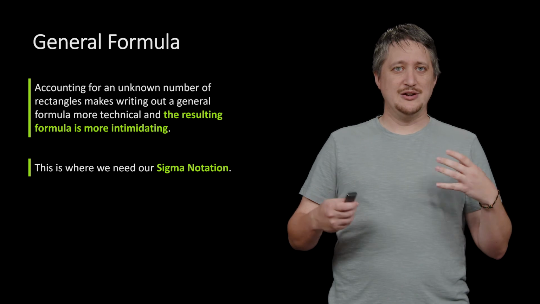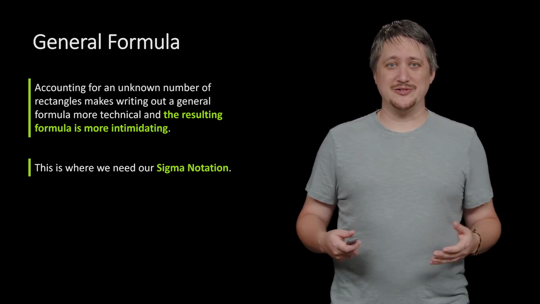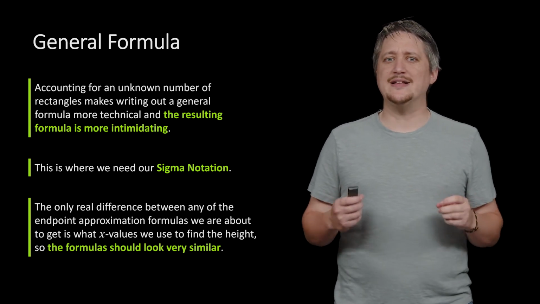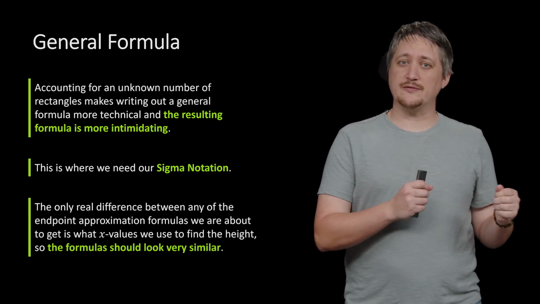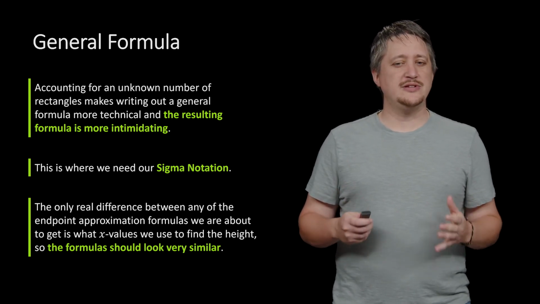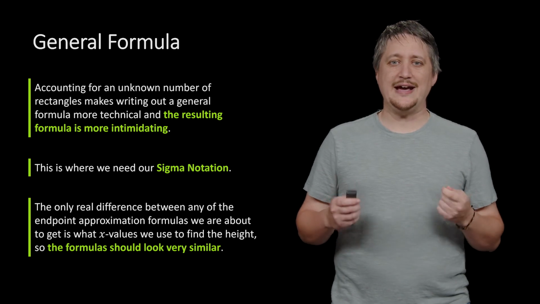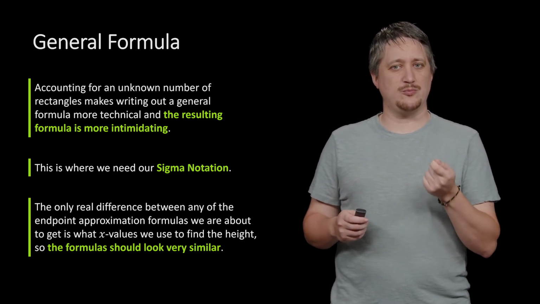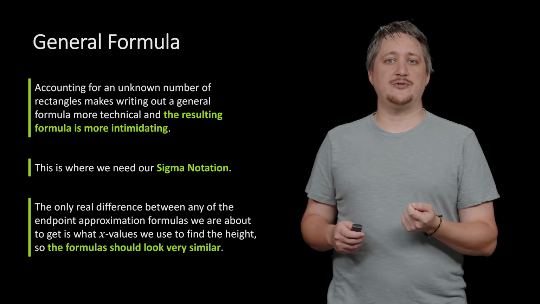And so it might look a bit intimidating when we see the final result. But again, the real thing that you want to keep in mind for these different forms is that the only real difference between any of these approximations is the height, right? The x value that we're going to be using to represent the height of each rectangle.